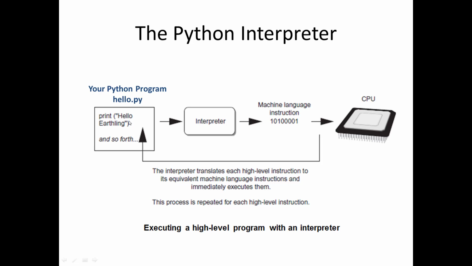This statement says, "Hello, Earthling," and there may be more statements that follow. These statements are executed by your interpreter and translated into instructions that your computer can understand. They'll be executed by the CPU in the normal fashion that most programs run on computers. This process is repeated for each high-level instruction.